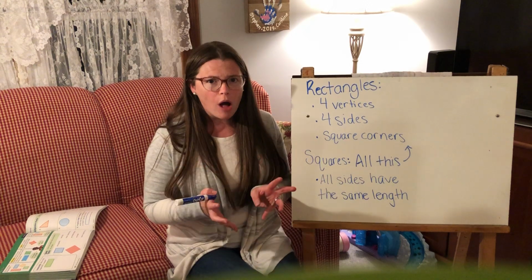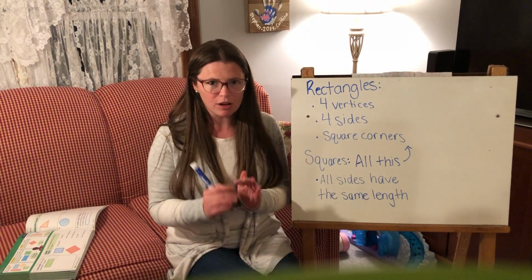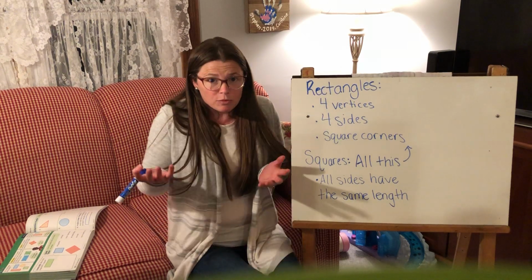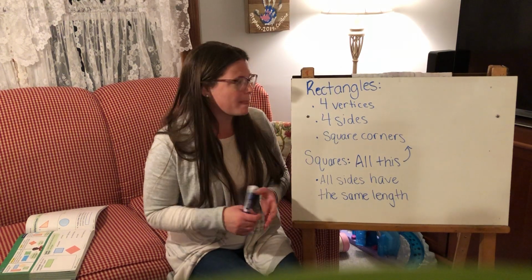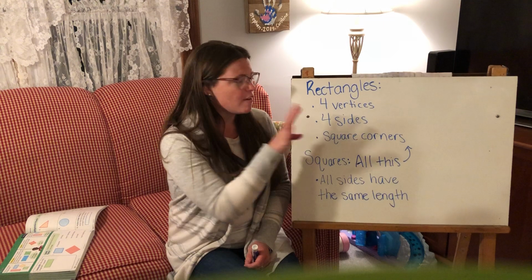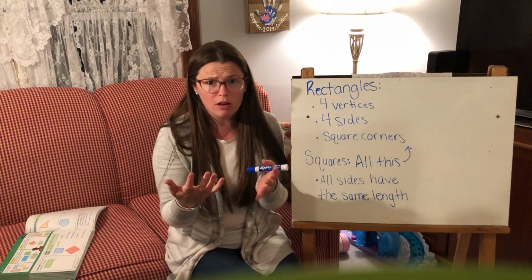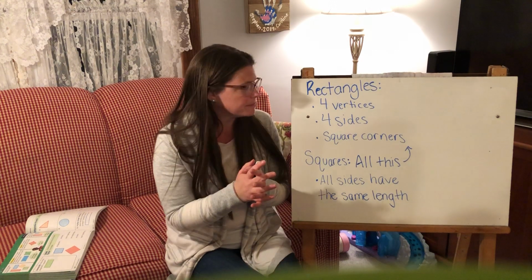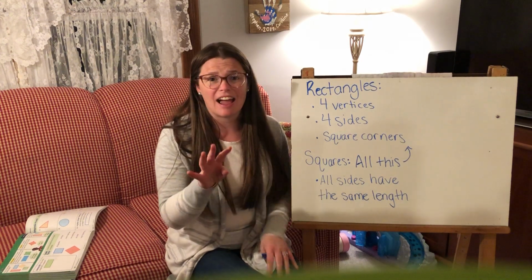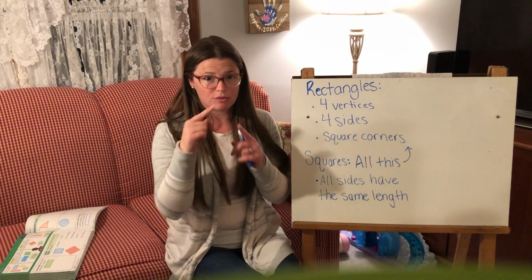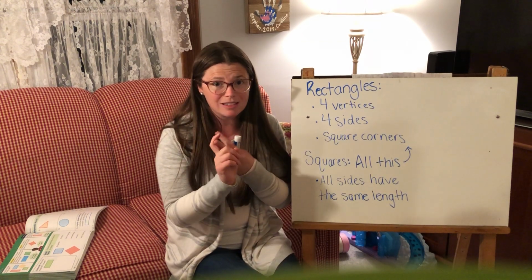So all rectangles, in order for something to be considered a rectangle, there are some rules that it has to follow. It has to have 4 vertices. It has to have 4 corners in order for it to be a rectangle. It has to have 4 sides, okay? So it has 4 corners and 4 sides.